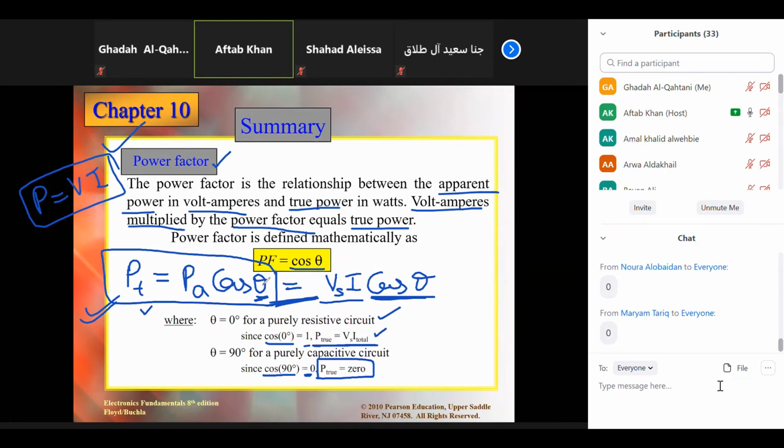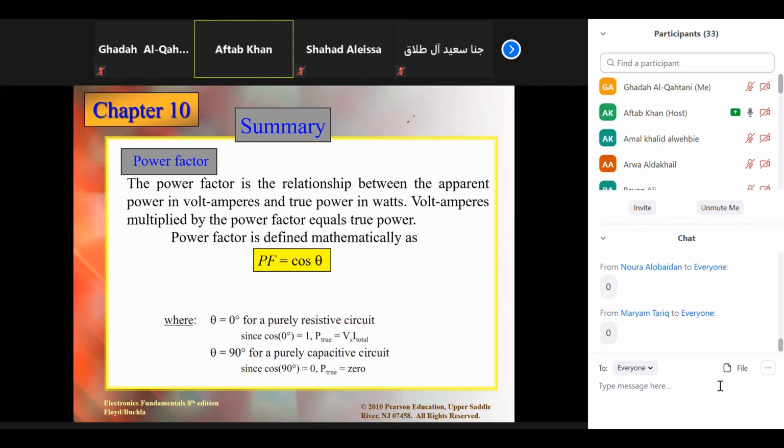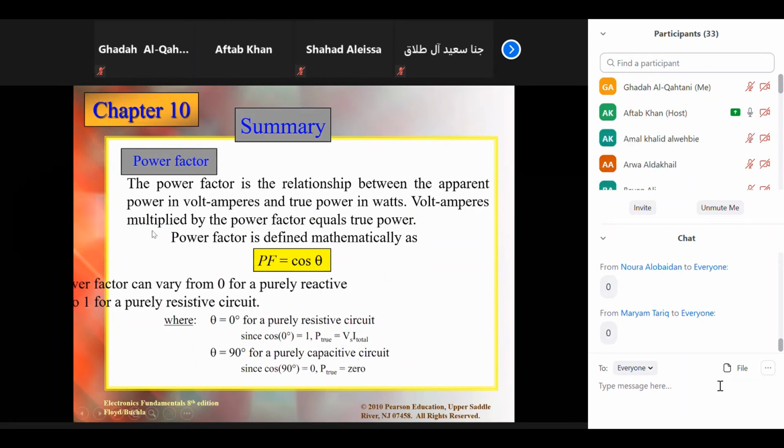If it is purely resistive, it will be 0. If it is purely capacitive, it will be 90. And now we are learning the mixing of both. When mixed, it will definitely have some value and we can calculate it. So let's see some questions to understand how this could be asked.